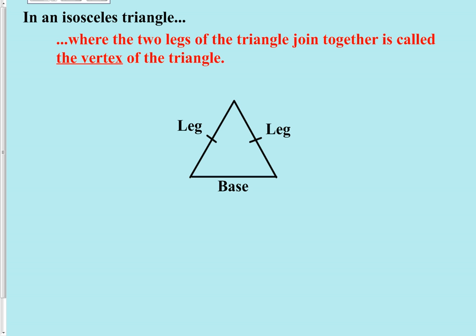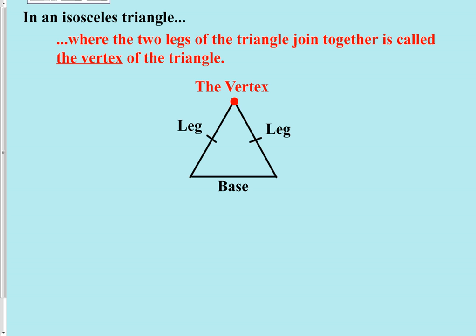We have already been using the term vertex in this particular unit. However, this vertex is slightly different. Obviously, the location, following along with the definition, is positioned right there. So please add that to your diagram. He is called the vertex.